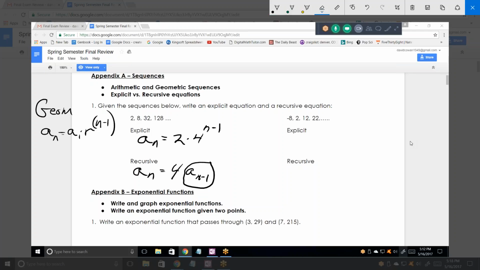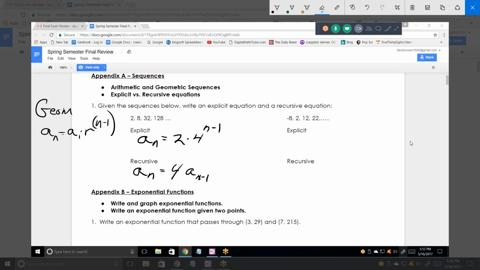So coming up with the recursive usually has very little to do with coming up with the explicit. It's a little easier to come up with the recursive, but it's not nearly as helpful.